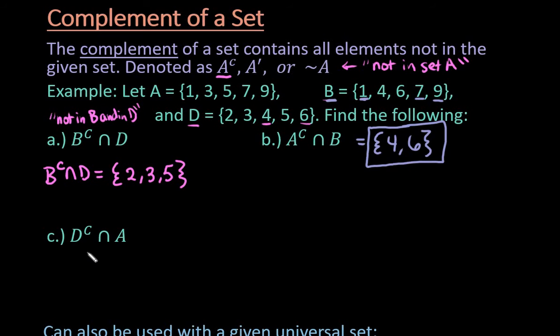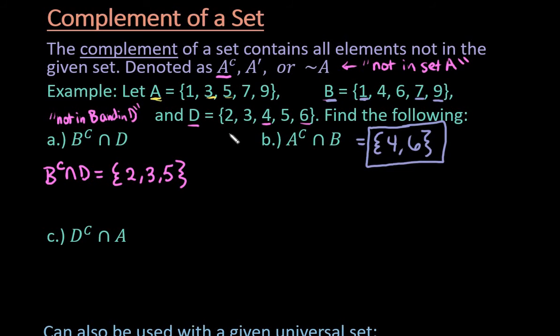And then for the last one, we have set D. It's not in set D, and it is in A. This time we're going to be looking at the elements in A, and we're going to eliminate any elements that we see that are in D, because we only want things that are in A but not D. So I would eliminate the 3 and the 5.